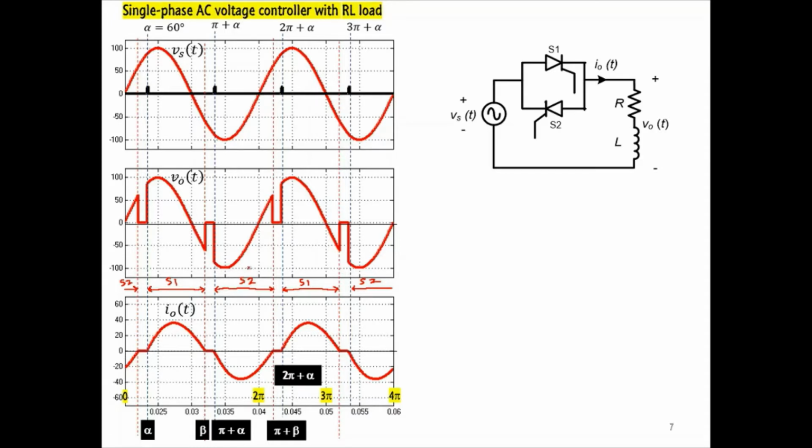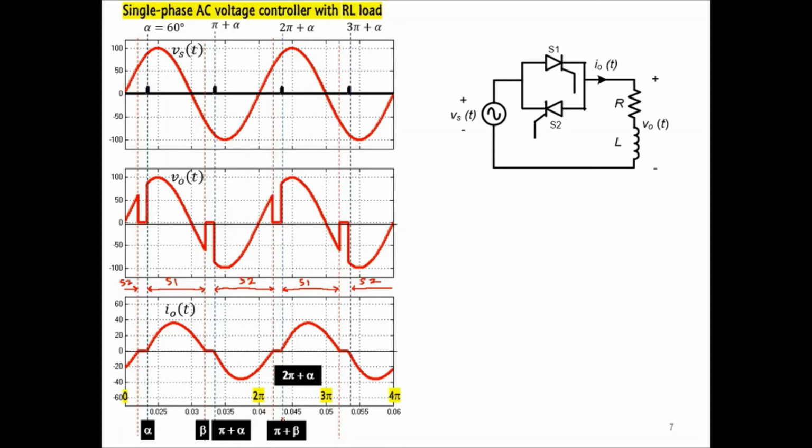Meanwhile, S2 is conducting current starting from pi plus alpha until pi plus beta. Overall, the conduction angle of each thyristor is beta minus alpha. This conduction angle is higher than the conduction angle when supplying a resistive load.